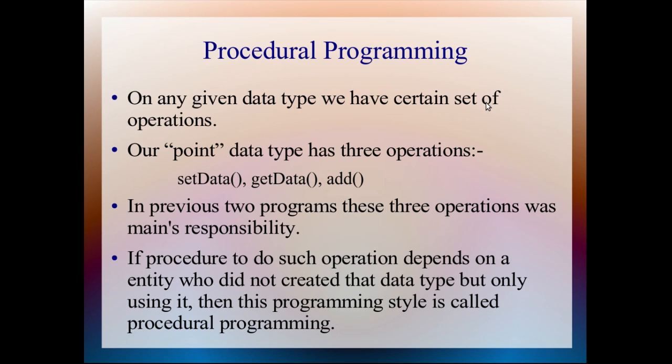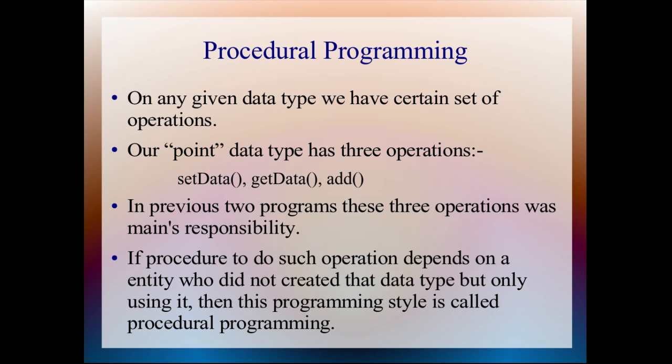And the last point is, if the procedure to do such operations depends on an entity who did not create that data type, main has not created the data type point, but how these three operations can be done was only the headache of main. Then if the procedure to do such operations depends on an entity who did not create that data type but is only using it, then this programming style is called procedural programming style.